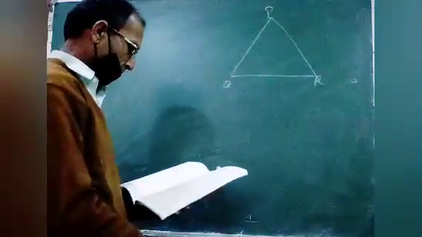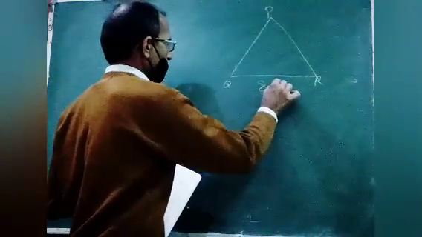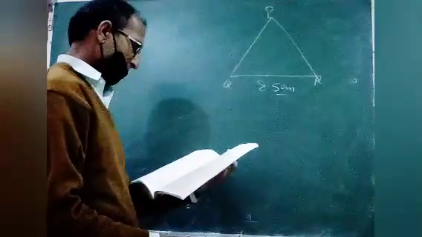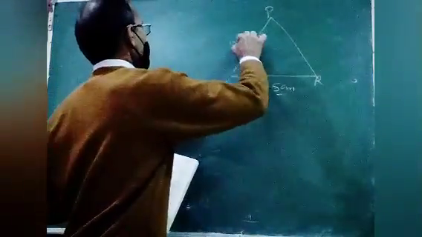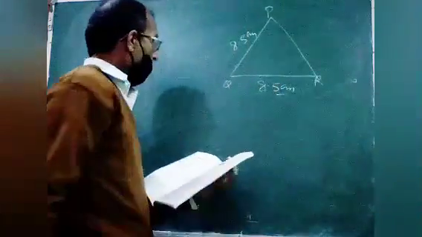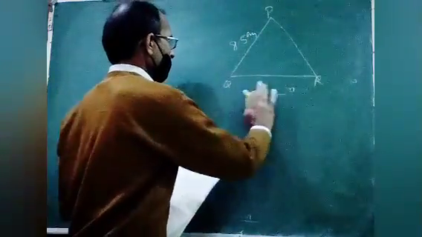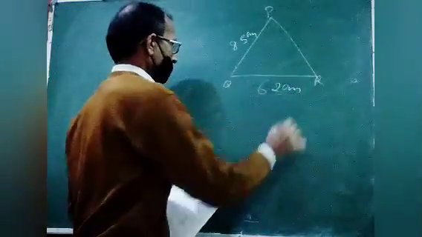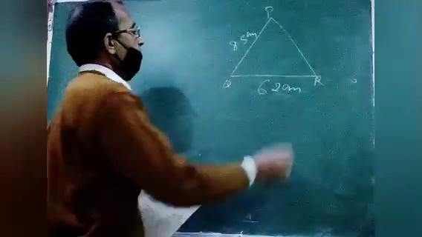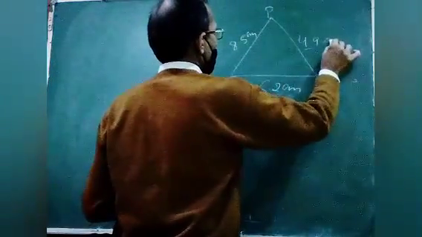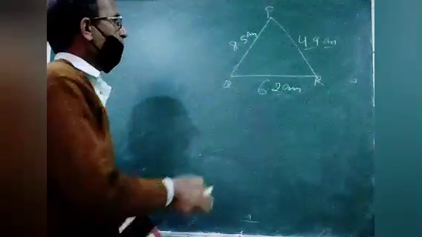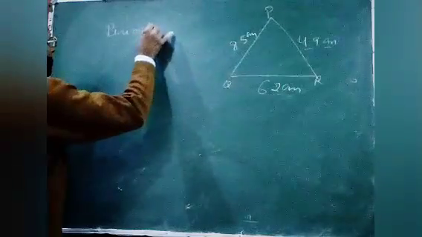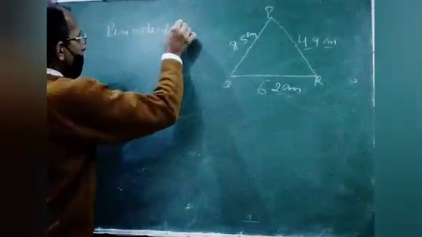The measurement of the sides: PQ is 8.5 centimeter, and QR is 6.2 centimeter, and PR is 4.9 centimeter. So we have to find the perimeter of the triangle.